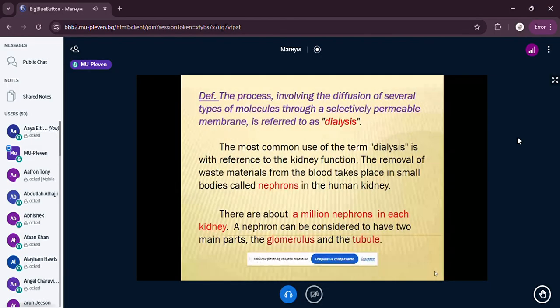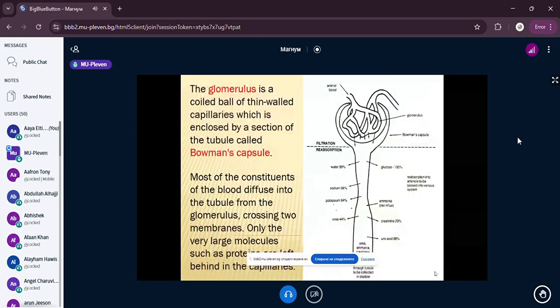Nephrons are the basic unit of the kidney, a million nephrons, each nephron consisting of two main parts, the glomerulus and the tubule.